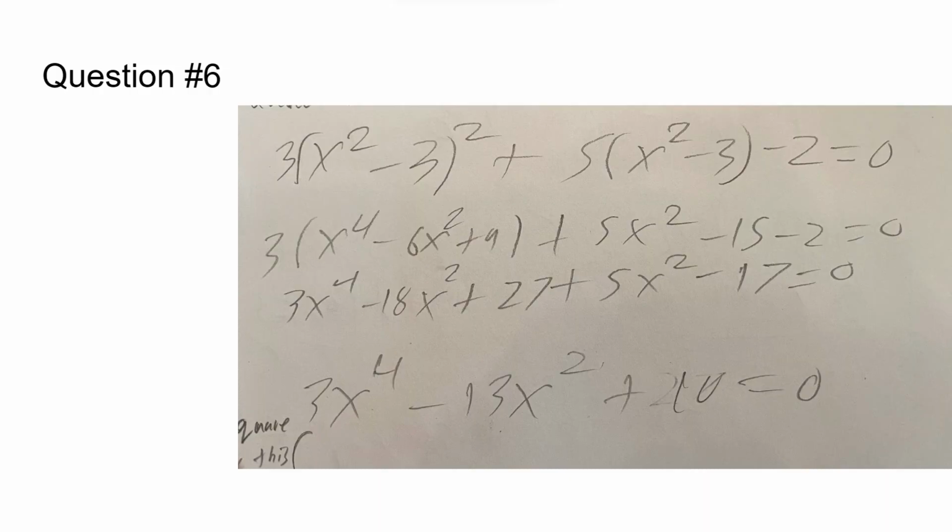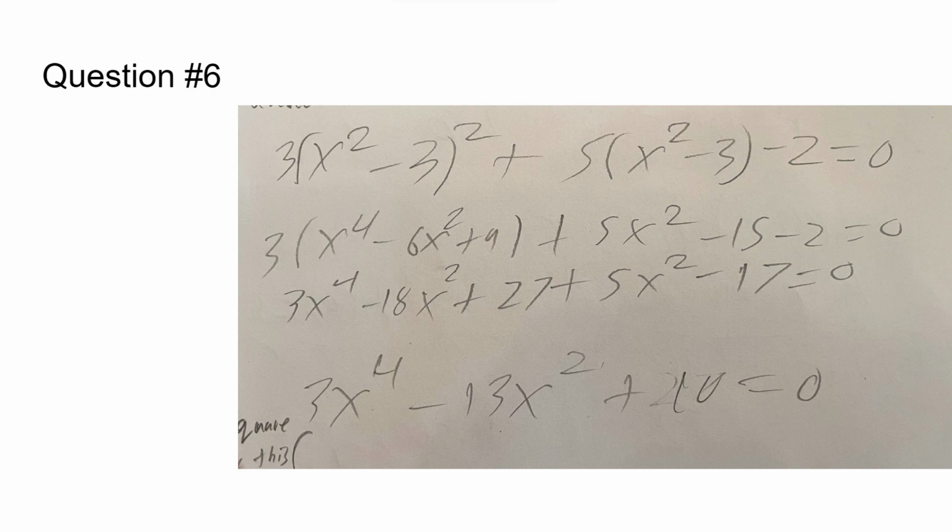Our next question is question number 6. That is all possible solutions of the equation (x squared minus 3) to the second power times 3 plus (x squared minus 3) times 5, minus 2 equals 0. To start this off, we need to solve all exponents. So x squared minus 3 becomes multiplied by itself.